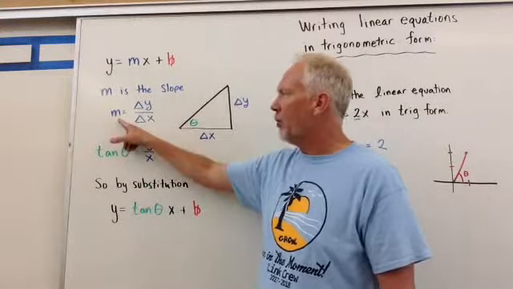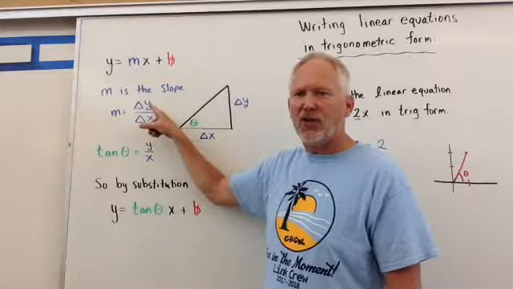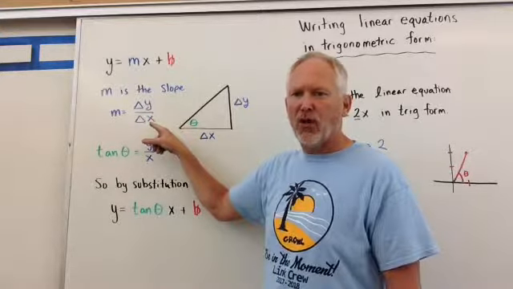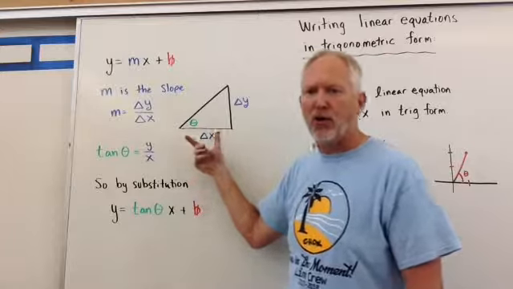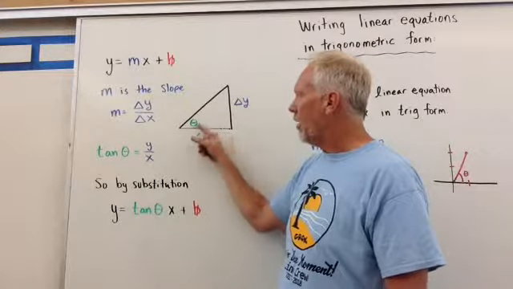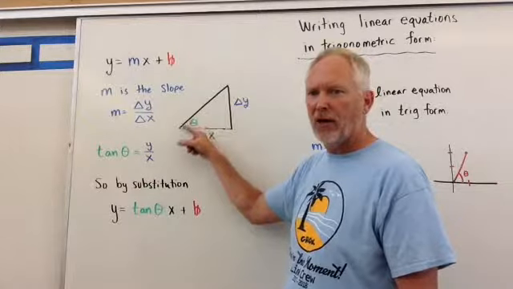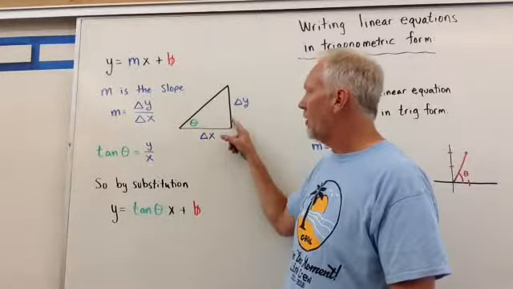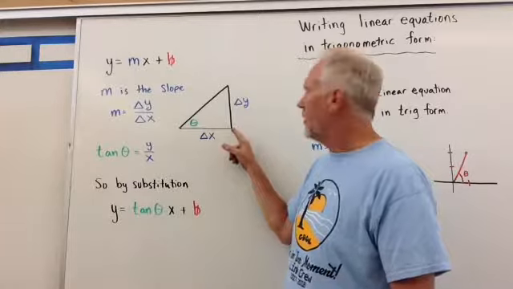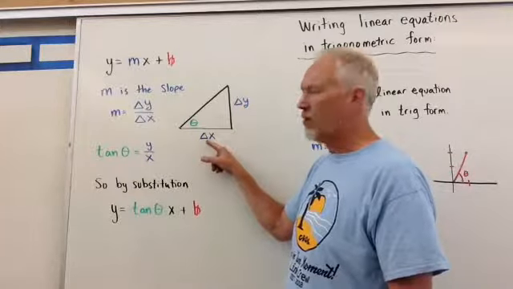So if m is the slope, m, as you know, is the change in y over the change in x. If we were to look at a drawing of a triangle, we would see that the slope of any line, from its horizontal and vertical change, is going to be the change in y over the change in x.